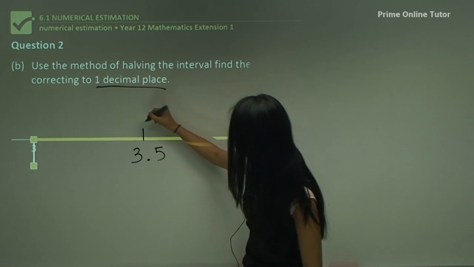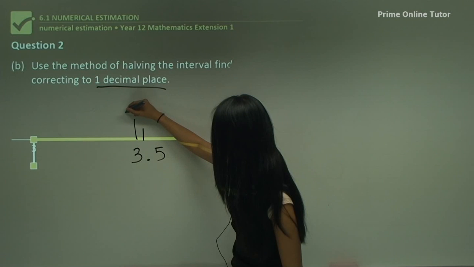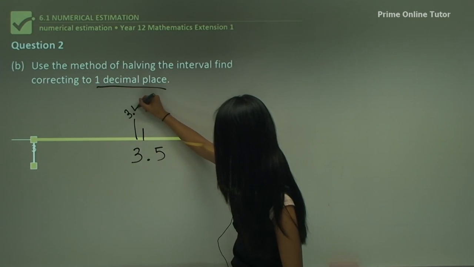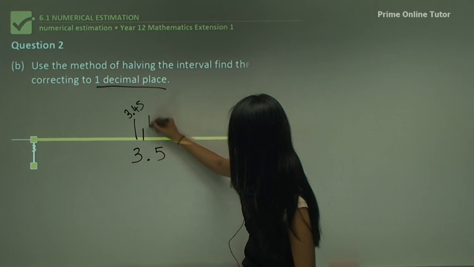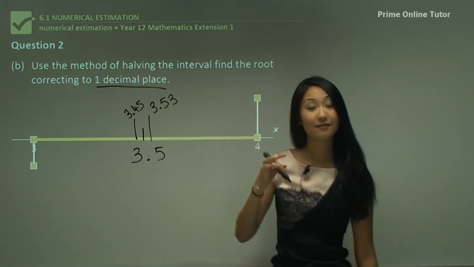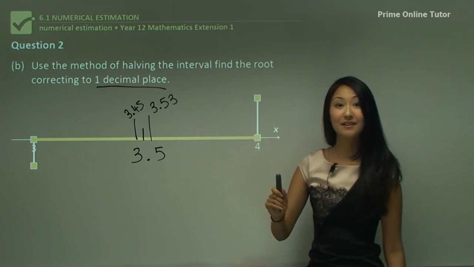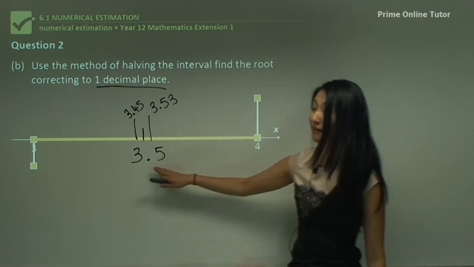So for example, if we kept halving the interval more and more until we got two values, let's just say we had something here which was 3.45 and another interval here which was 3.53. Can you see how both of those values round to 3.5?